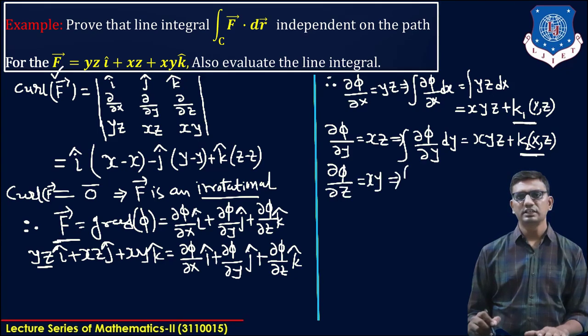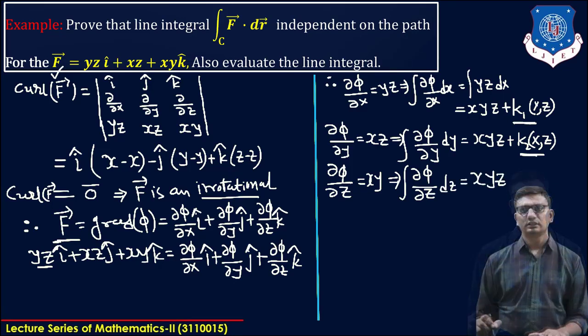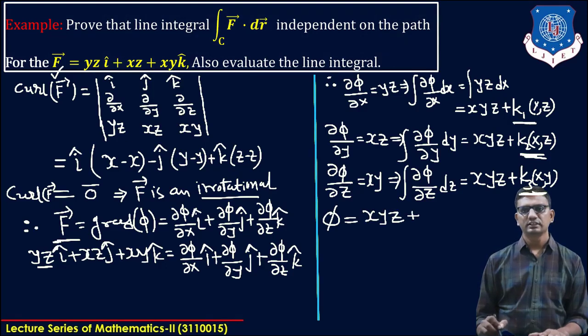That implies the integration of del phi by del z dz is equal to xyz plus an arbitrary constant function of x, y. And now combining all the constant arbitrary functions, phi is equal to xyz plus c. So this is our scalar potential of the given function f bar.